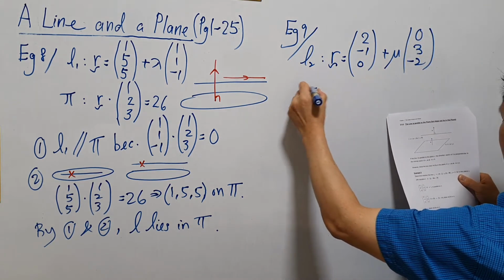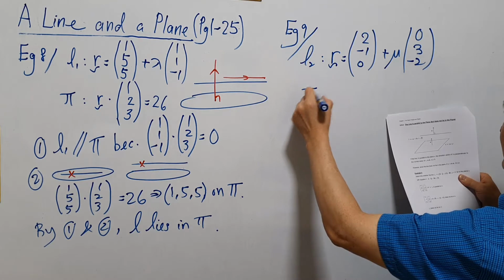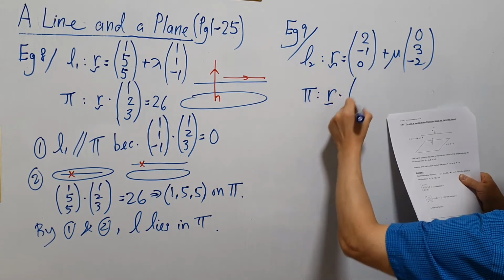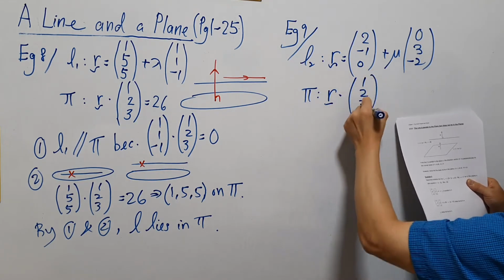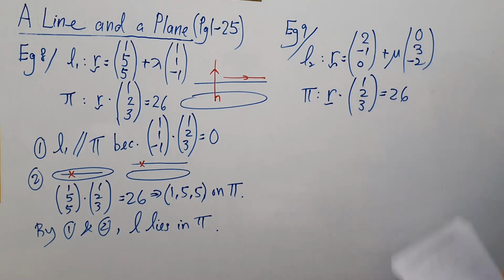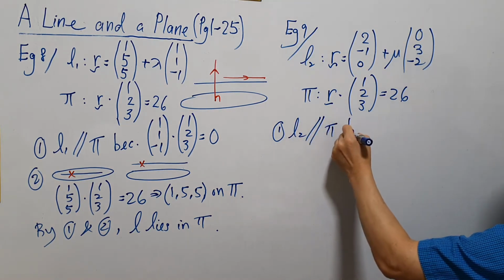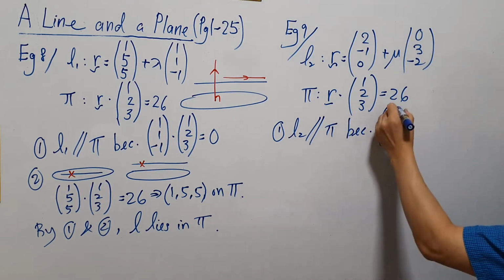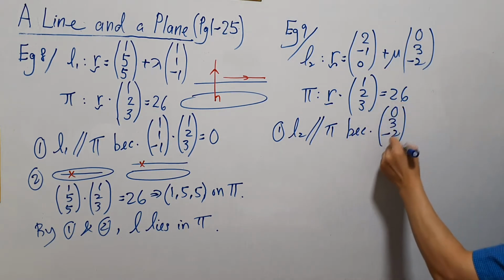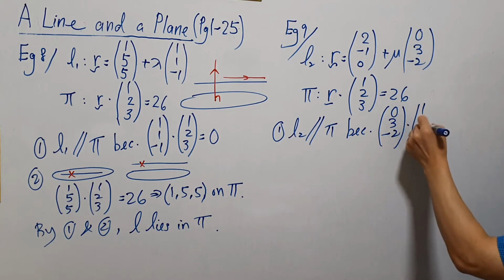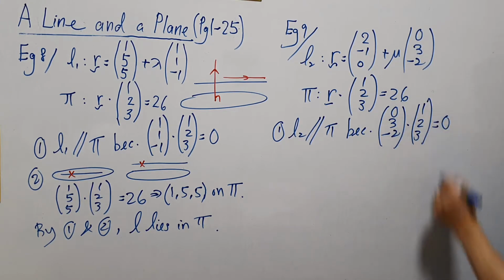And then the plane pi is r dot (1, 2, 3) equals 26. So the same thing goes. First step, you check. Are they parallel? Is L2 parallel to plane pi? Because (0, 3, -2) dot with (1, 2, 3) indeed is 0.